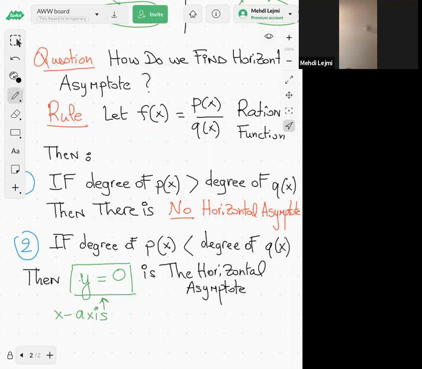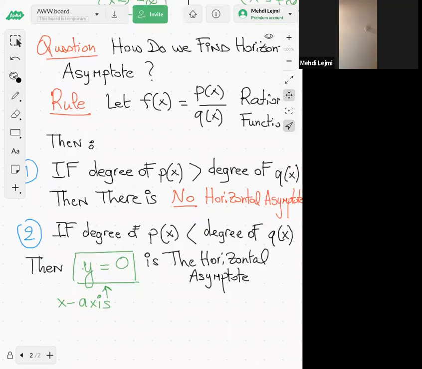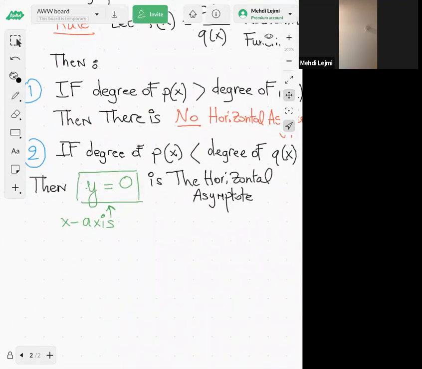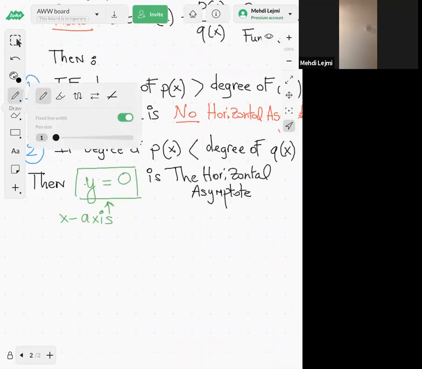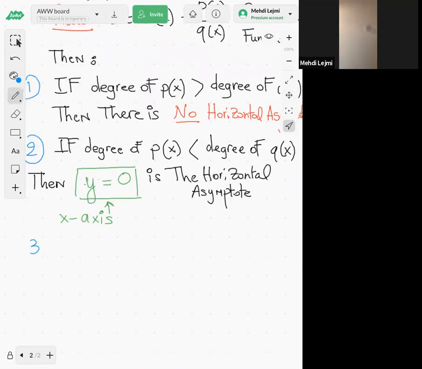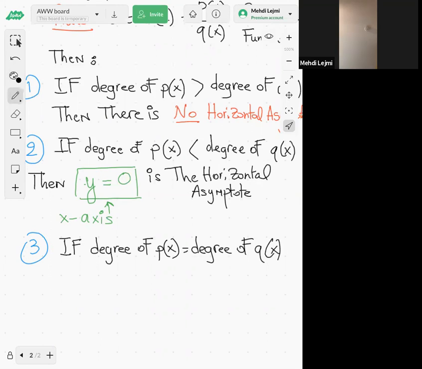Now the last case is when the degree of the top is equal to the degree of the bottom. If the degree of p of x is equal to the degree of q of x, let's say both degrees are equal to n.